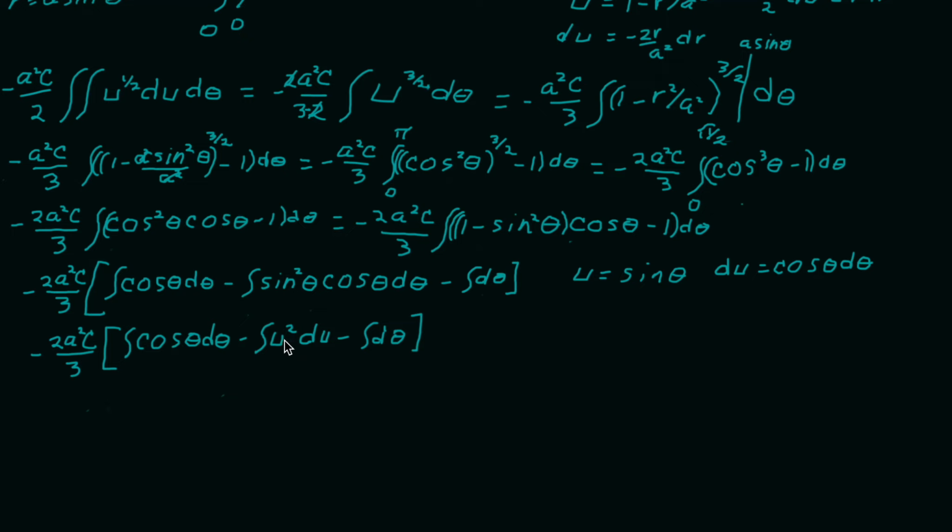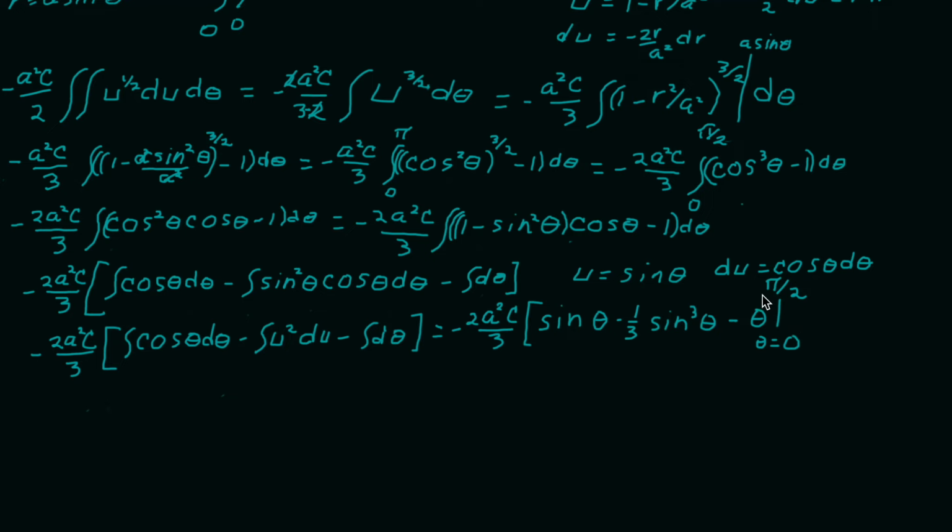Now we'll go ahead and integrate these. Cosine θ becomes sine θ. u squared becomes u cubed over 3, so we'll have 1/3 u cubed. We'll plug sine back in for u here. And the integral of dθ is θ. And we have the limits 0 to pi over 2.